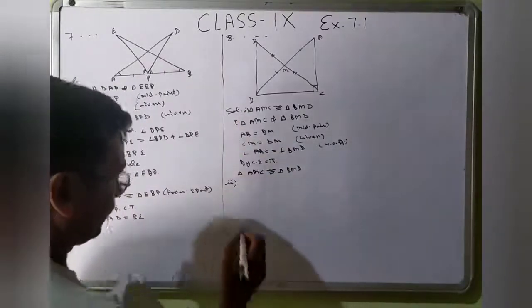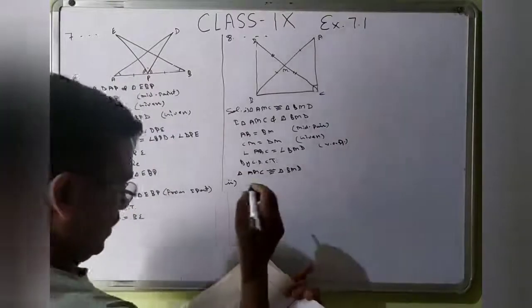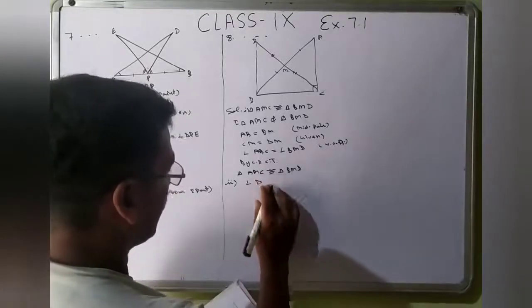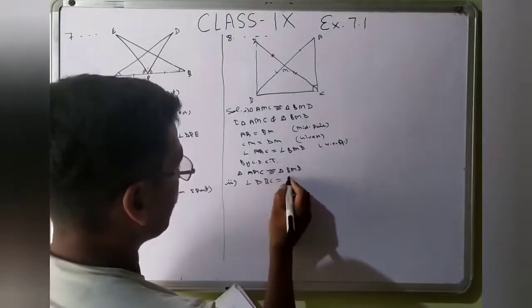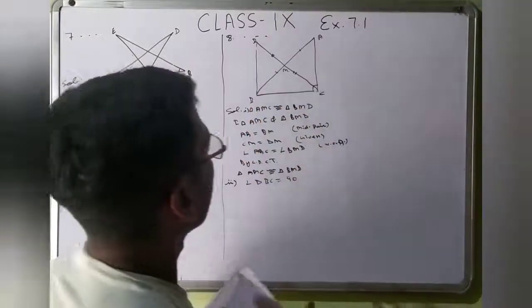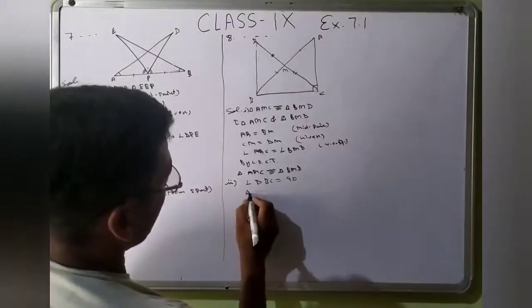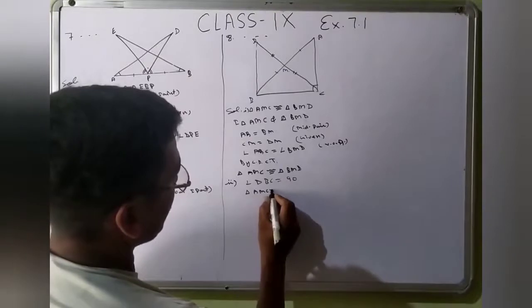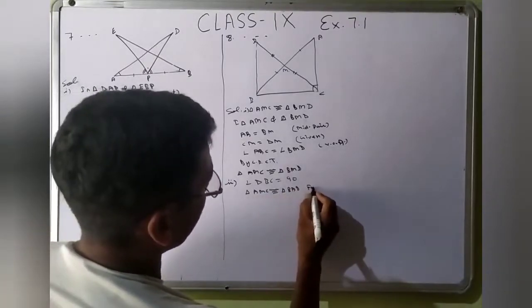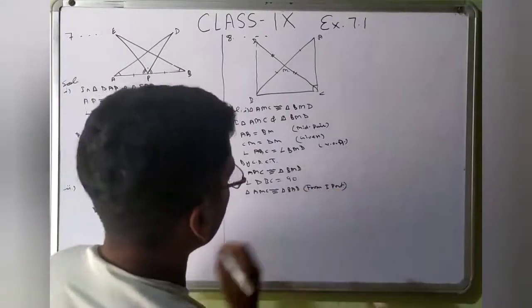Second part, angle DBC is equal to 90 degree. And triangle AMC congruent triangle BMD, from first part, we have already proved that.